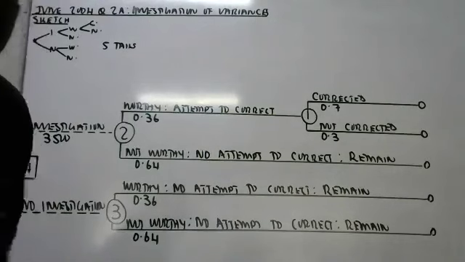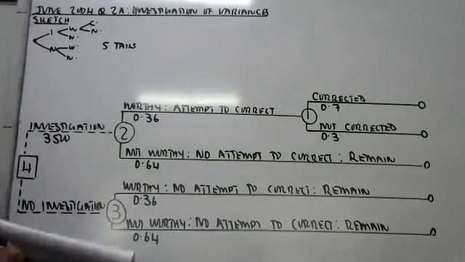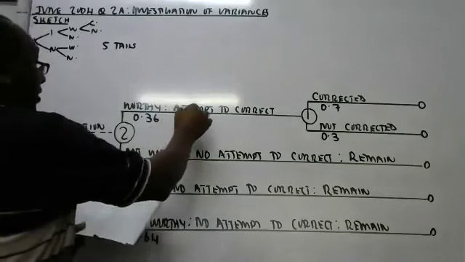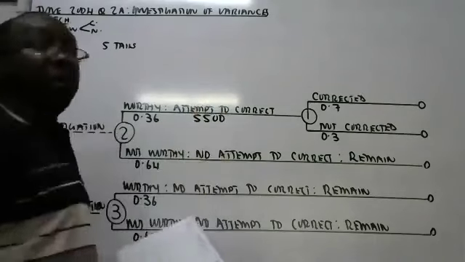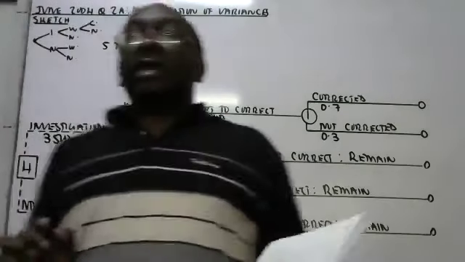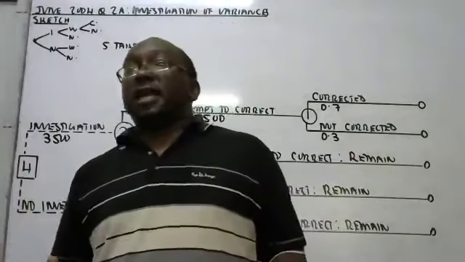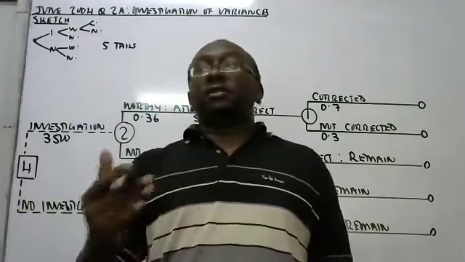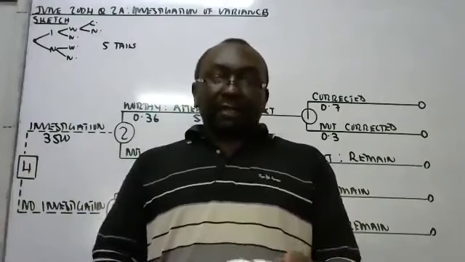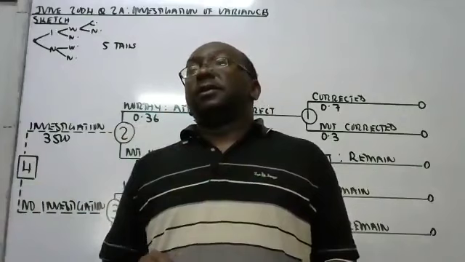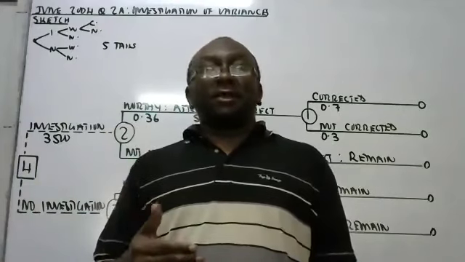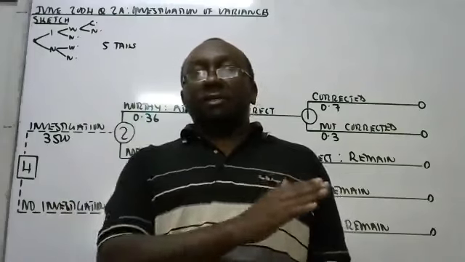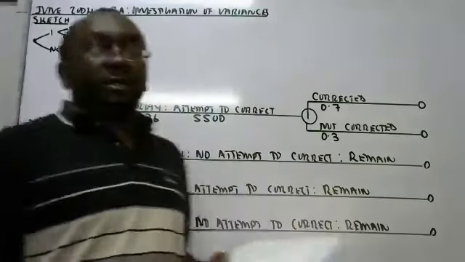Are you sure? Yeah, it should be put here, 0.36. Because the cost of correcting is incurred for everyone. It is only after you have incurred the cost that you come to realize this one has been corrected and this one has not been corrected. It's just like this class, I'm teaching everyone. It is only at the end of the lesson that I can tell who understood what I said and who did not understand. But as of now, I'm teaching everyone. Yes, that's how it's supposed to be.